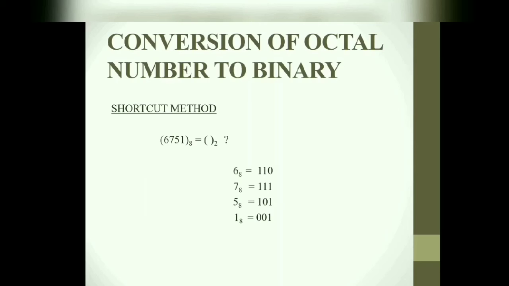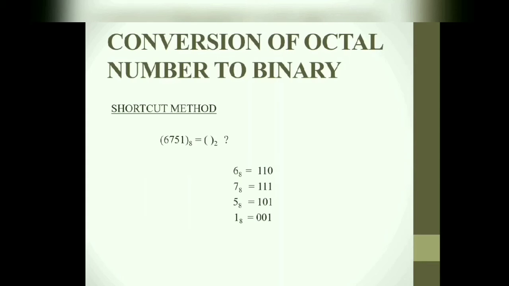Next one, octal to binary conversion. Here I am introducing another shortcut method. 6751 is the octal number. So here in this conversion method, first convert each octal digit into a 3-digit binary number.